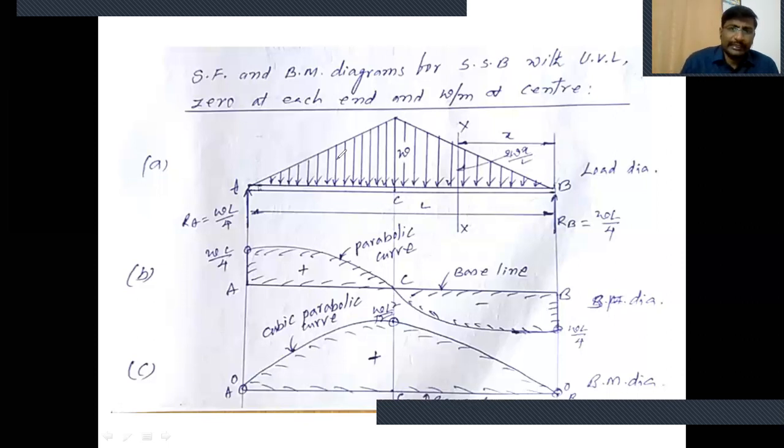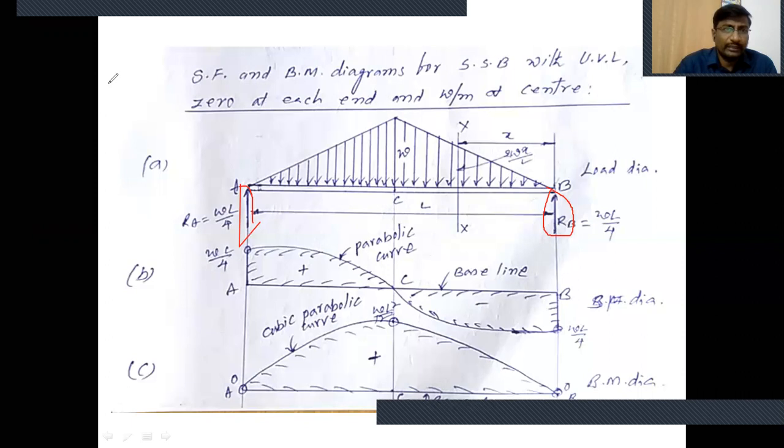Therefore RA plus RB is equal to the downward forces, the total triangle area. RA plus RB must be equal to the total triangular load. How do we calculate the triangular load? The total area of the triangle itself is the load on the beam.